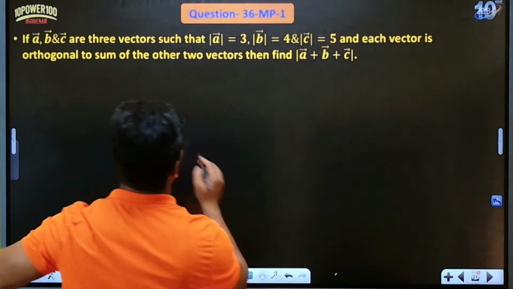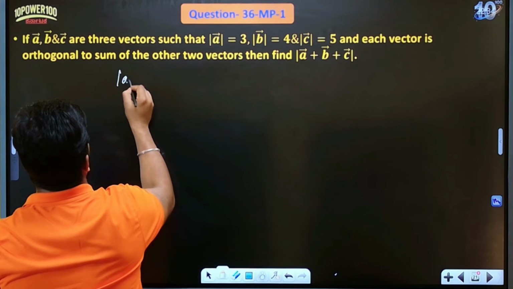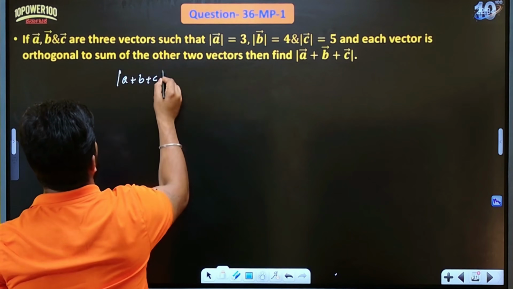Write it like this. Mod of vector a plus vector b plus vector c, the whole square.